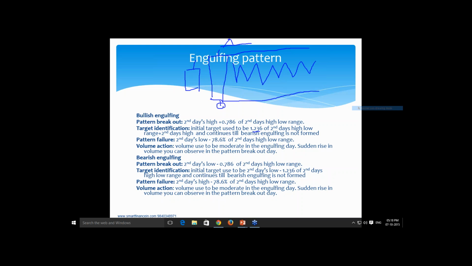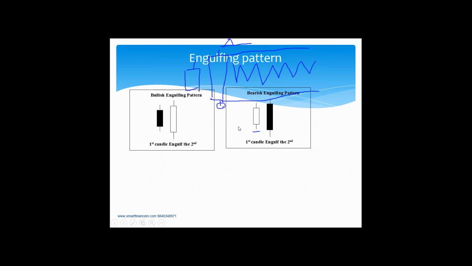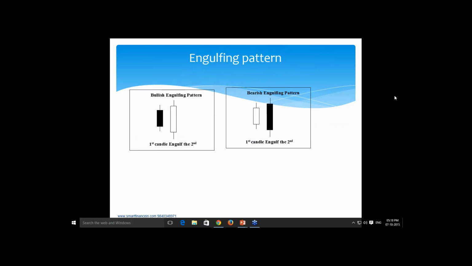Same way, the bearish engulfing pattern says a different story. It has a green day, where the closing is higher than the opening. Then it is followed by a black or red day, where the closing is lower than the opening, and the low of the second day is lower as compared to the first day, and the high of the second day is higher as compared to the previous day.